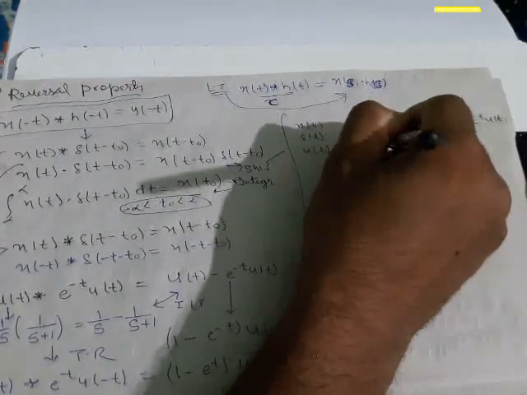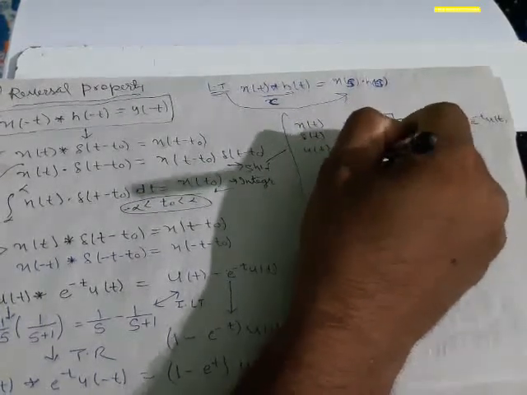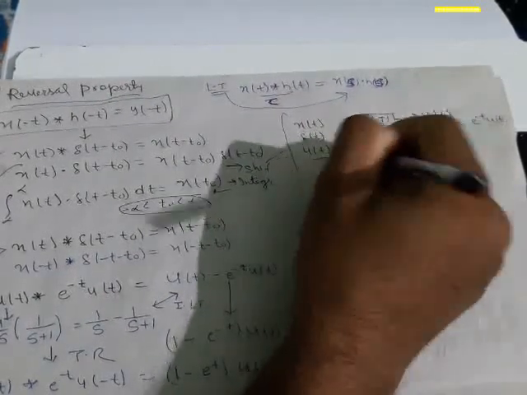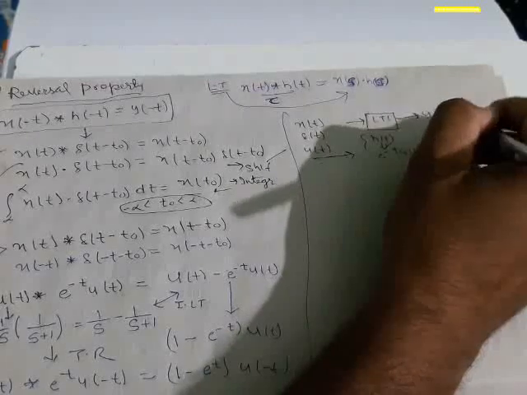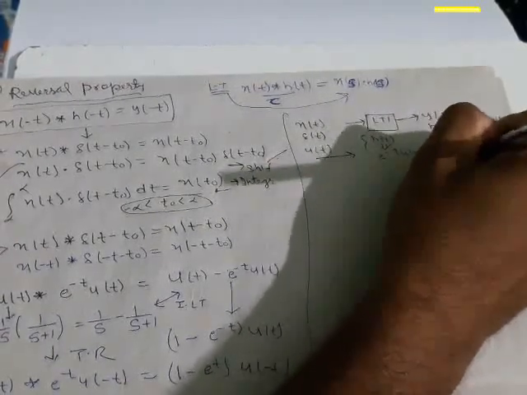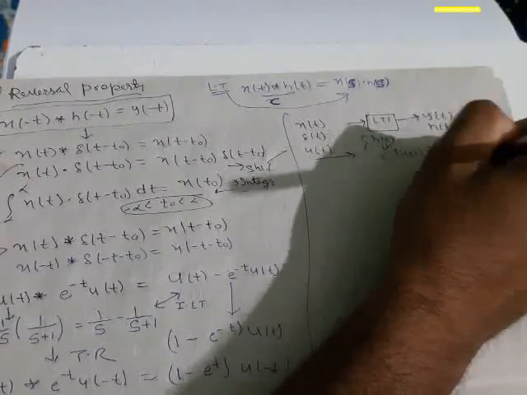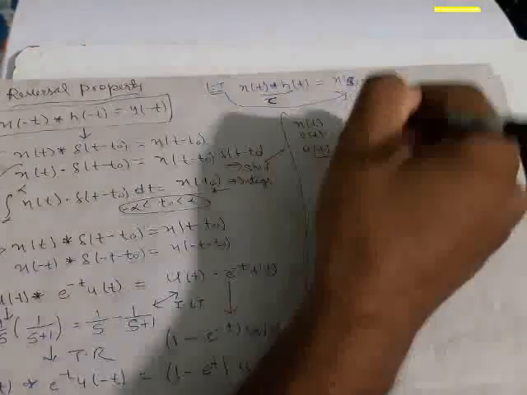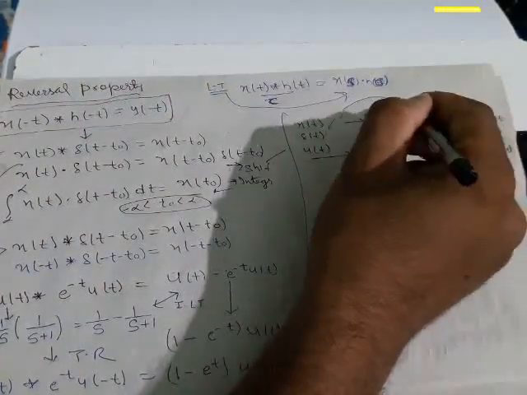For y1 of t, the unit step convolved with the impulse response, we can write 1 minus exponential minus t into u of t, minus 1 minus exponential minus (t minus 1) into u of t minus 1.